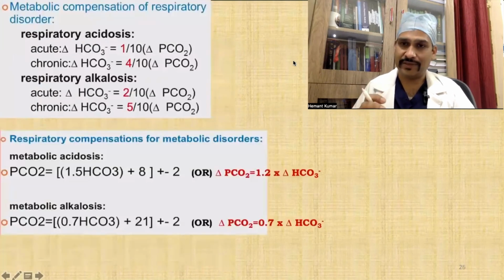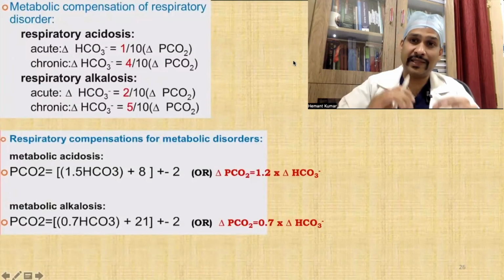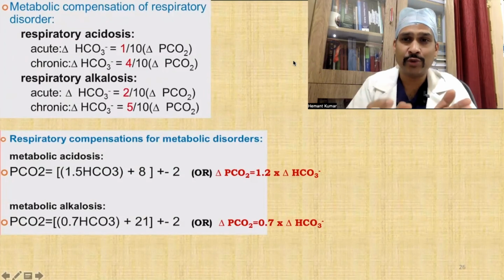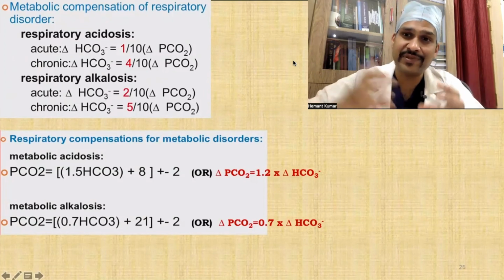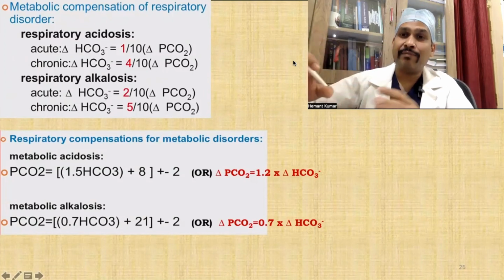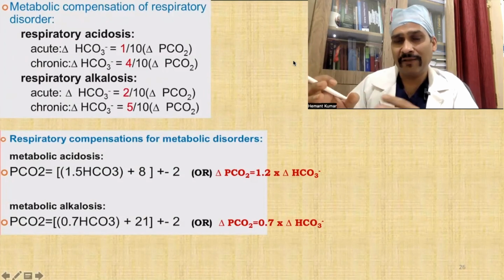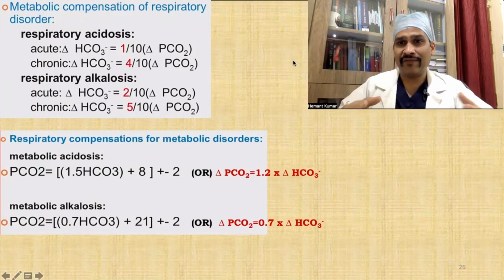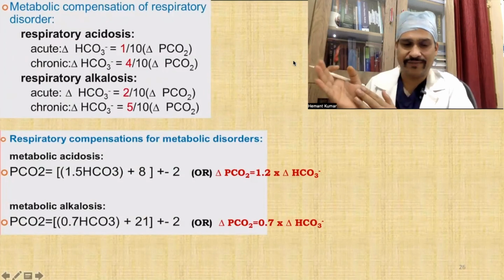So how much? Say, for example, if CO2 is increased by 10, how much should bicarb increase? You have to remember the compensation is on the same side. If PCO2 is elevated, bicarb will also be elevated. If PCO2 is less, bicarb will also be less. So it is the same side for compensation.